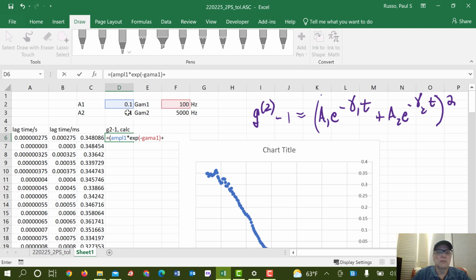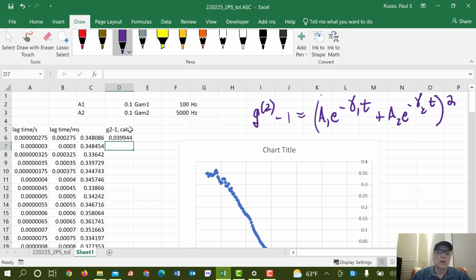Plus amplitude 2 star exp minus gamma 2. And I forgot to multiply by a time, which was dumb. So I better do that now. And I better close that. And I better go fix that up here. And that could be A6. And then I think all that is supposed to be squared.